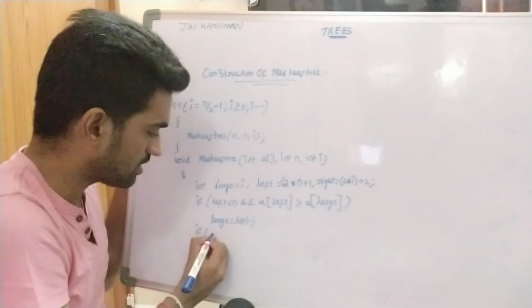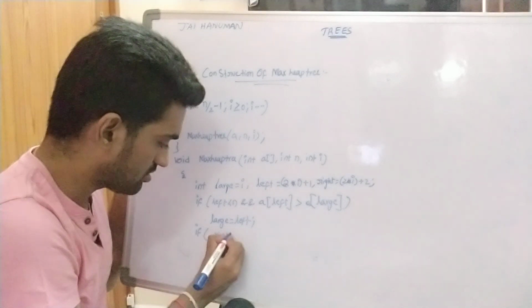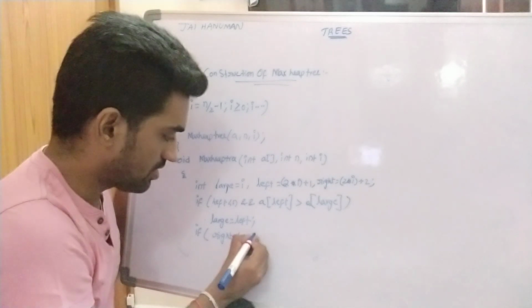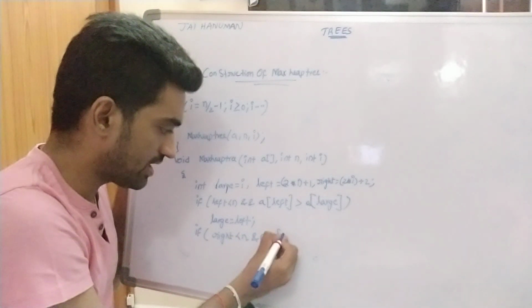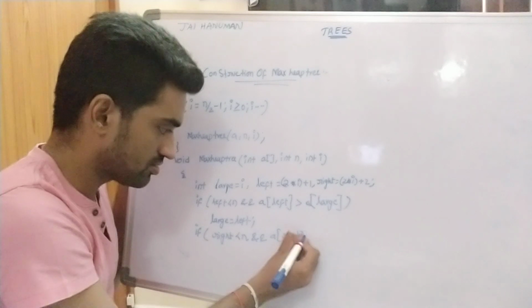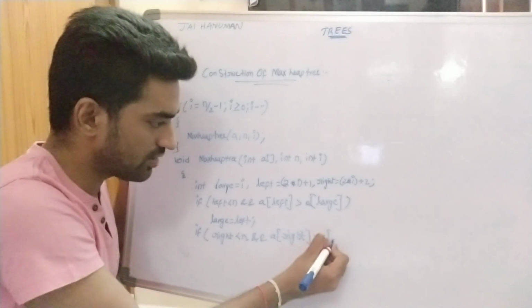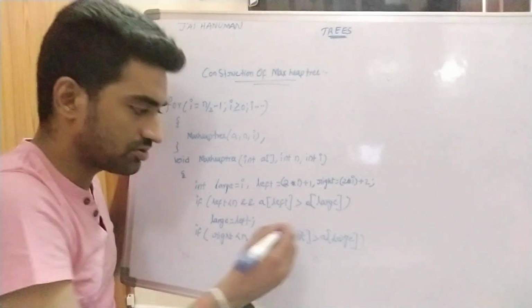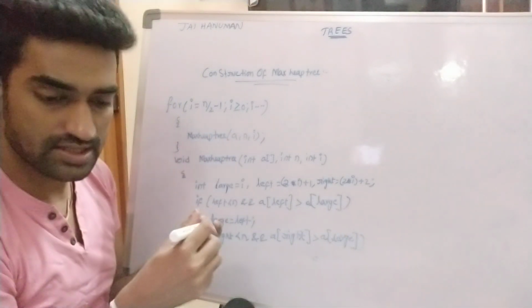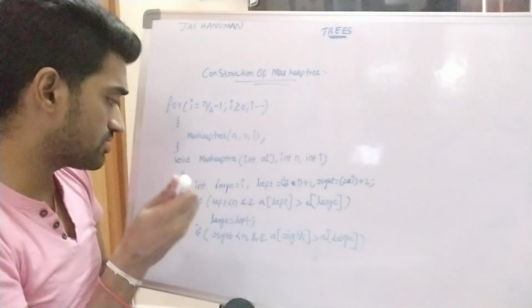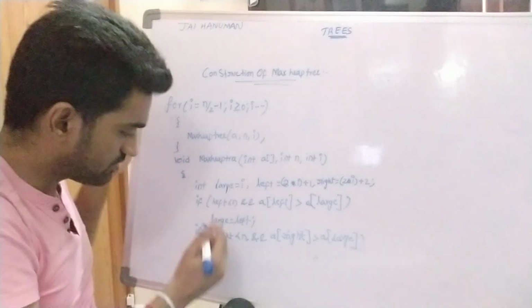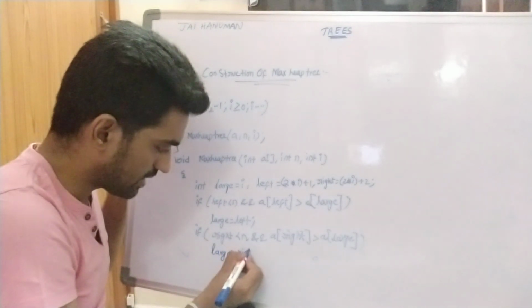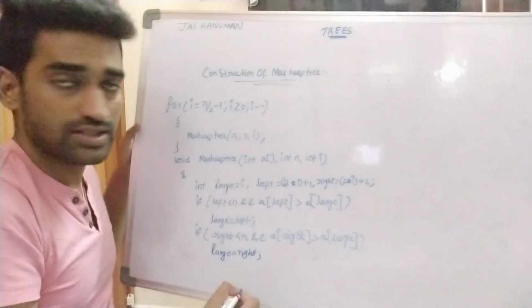Otherwise, we check one more condition: right less than n, logical and of a of right greater than a of large. If both are true, then we set large is equal to right.